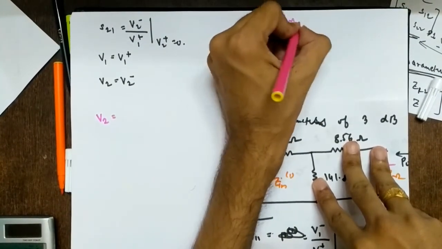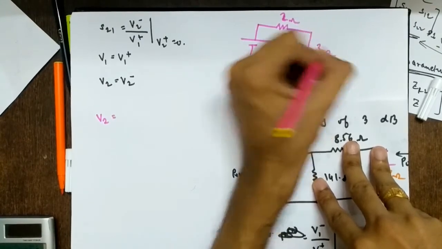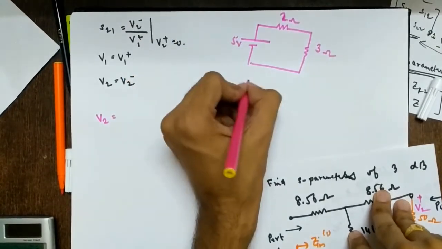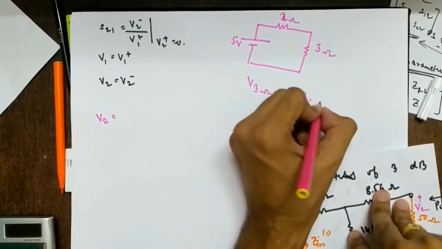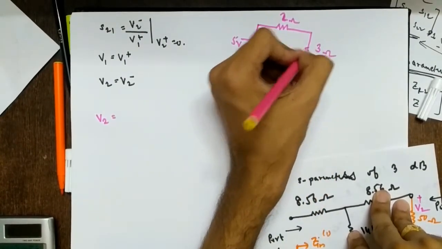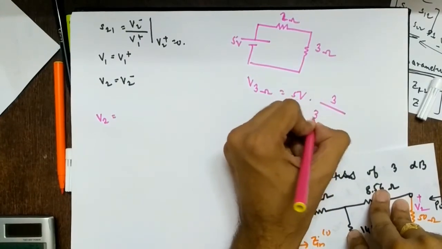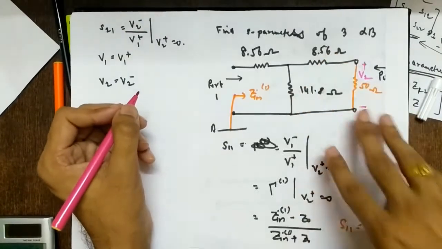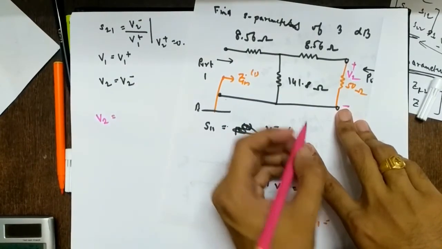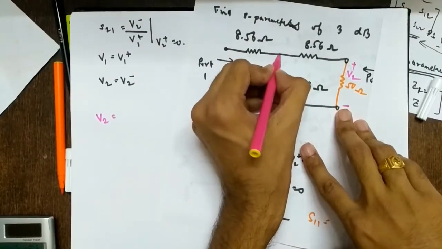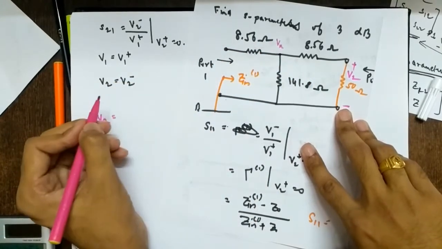Let's say this is 2 ohms, this is 3 ohms, this is 5 volts, and you are finding the voltage across 3 ohms. You take the total voltage into the same resistor across which you are finding the voltage, 3 ohms upon 3 plus 2. But here there are two loops, so the total voltage will be this one, Vx.